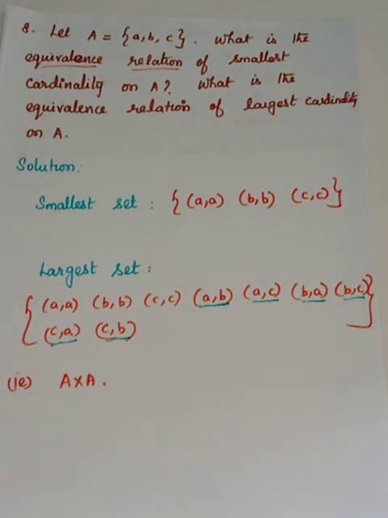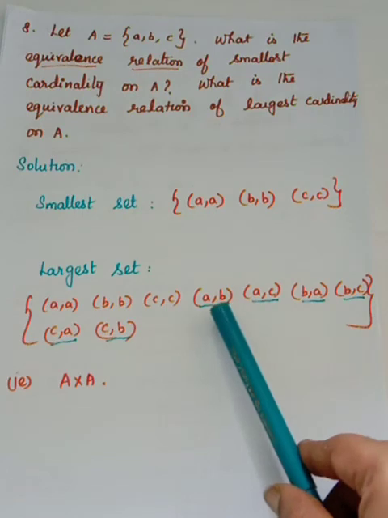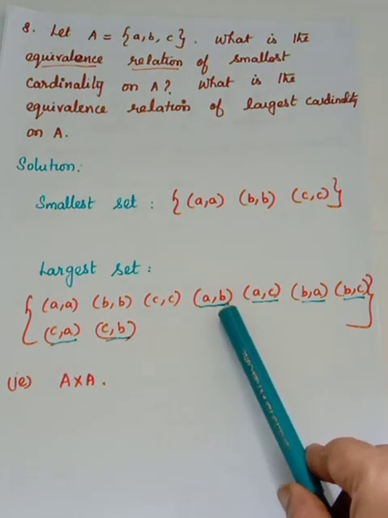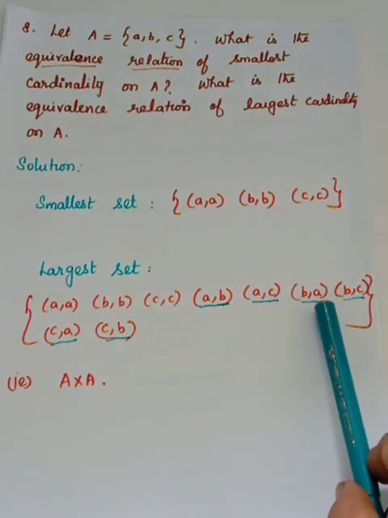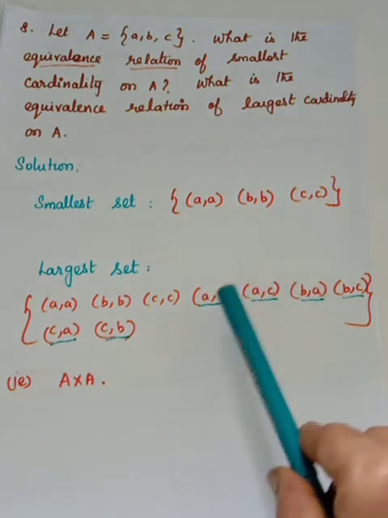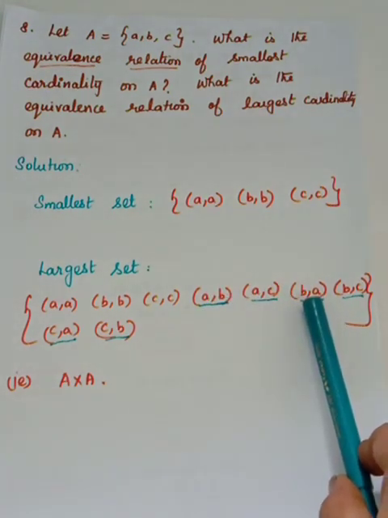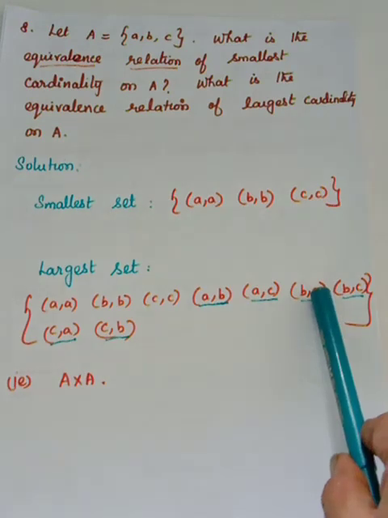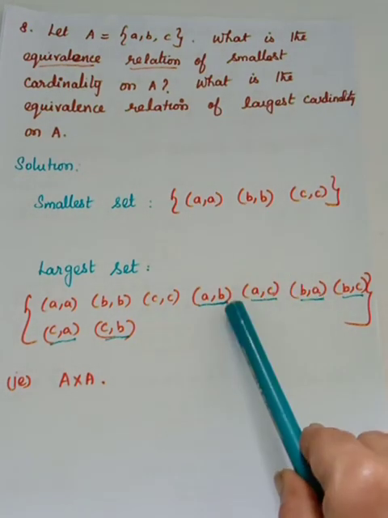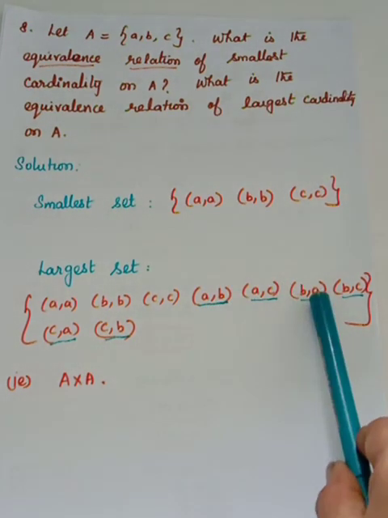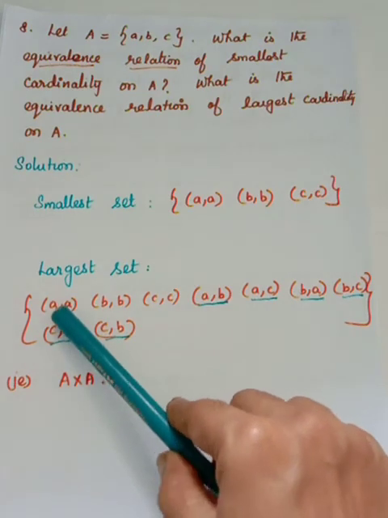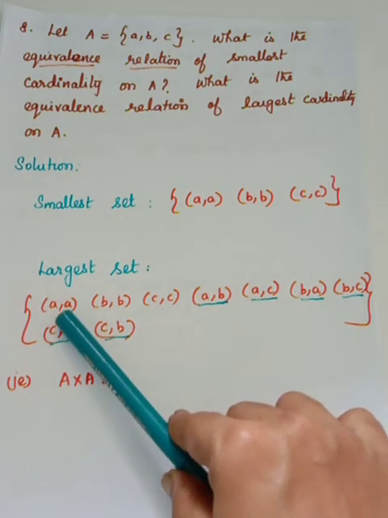For transitive, see, A is related to B and B is related to A means we can say A comma A, according to transitive. If these two ordered pairs are in the relation, we can very well say A is related to A. So this ordered pair is in the relation.